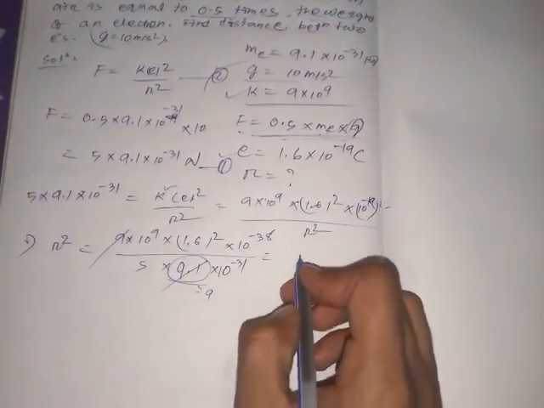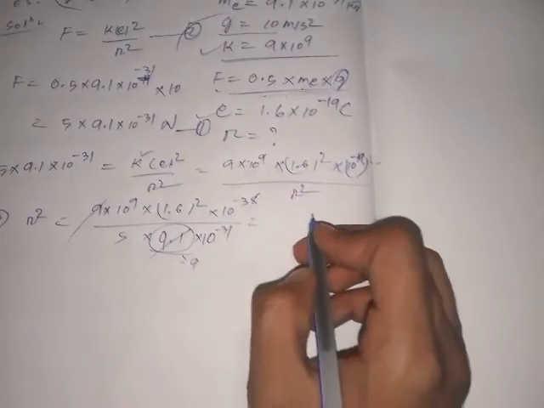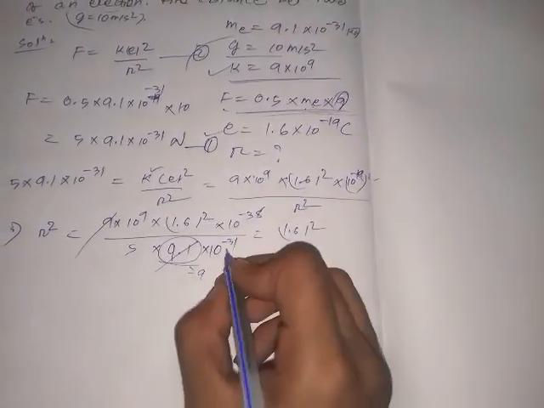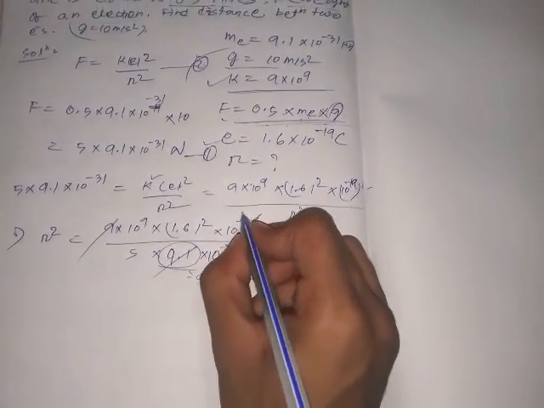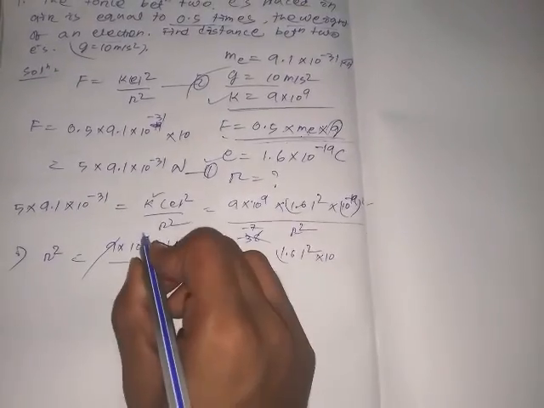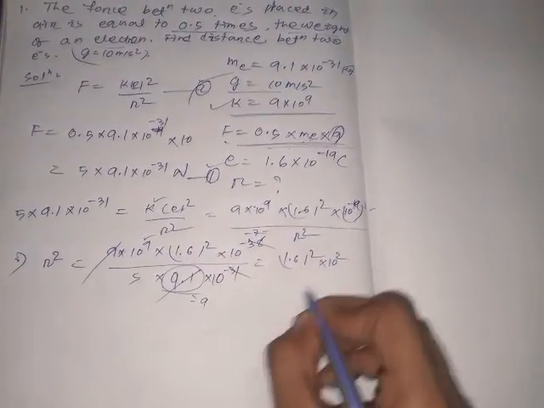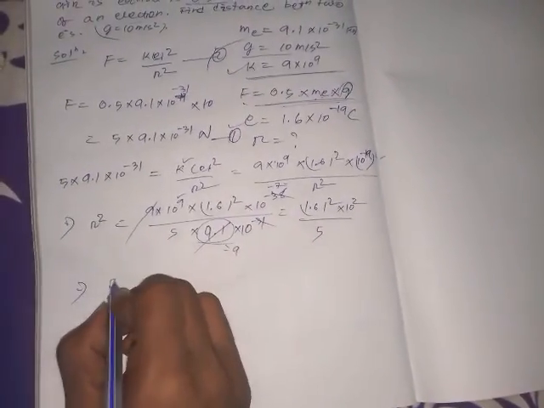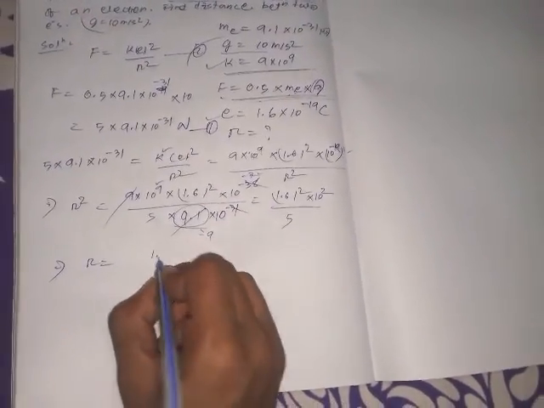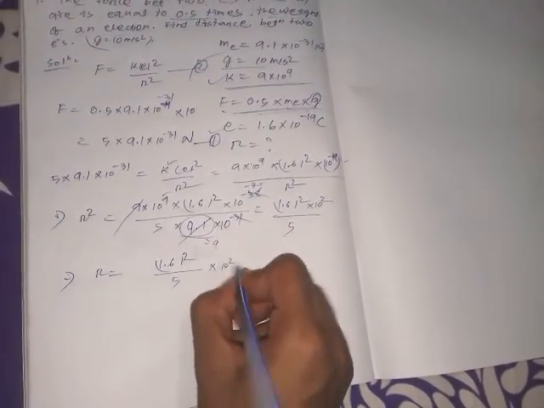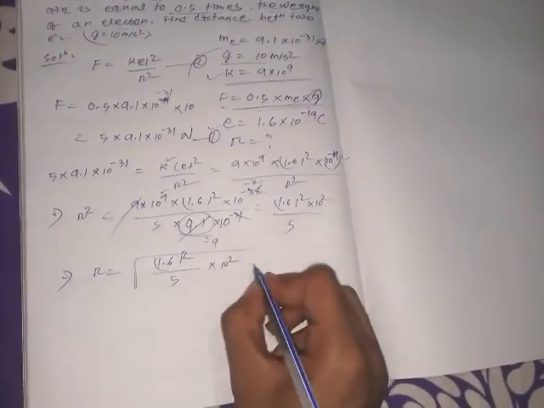Here 1.6 whole square, 31 and 38 cancelled, minus 7. Into 10 to the power minus 9 and minus 7, 2, divided by 5, implies that R is equal to 1.6 whole square upon 5 into 10 to the power 2, whole root over.